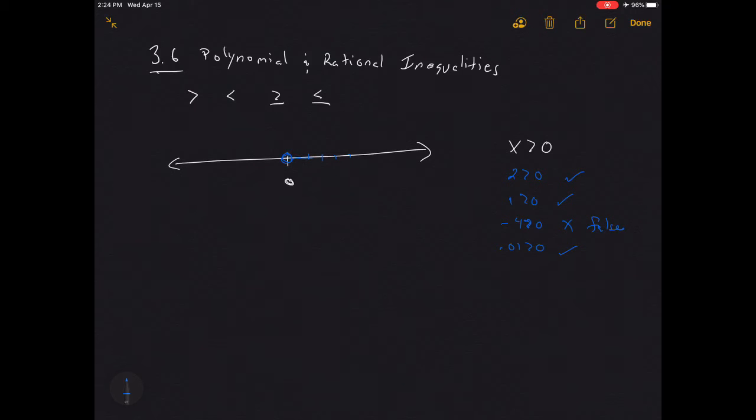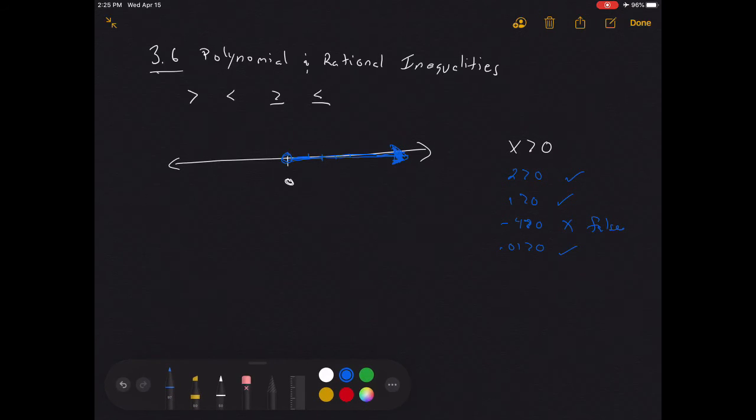That's why when we did this, we would shade this line right here all the way out here, and then we would put an arrow just indicating that this thing goes on forever. Okay, it's going to keep on going well past the end of the white line that I had. So what I did was I basically shaded the area of the graph that made my statement true, that x is greater than 0. Okay, that's the general concept.